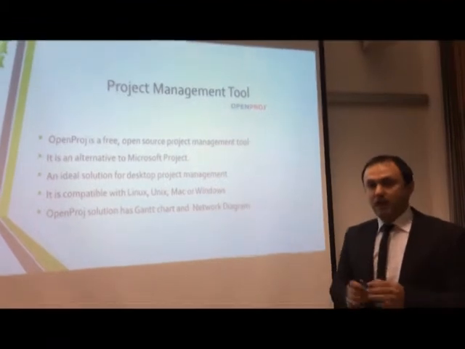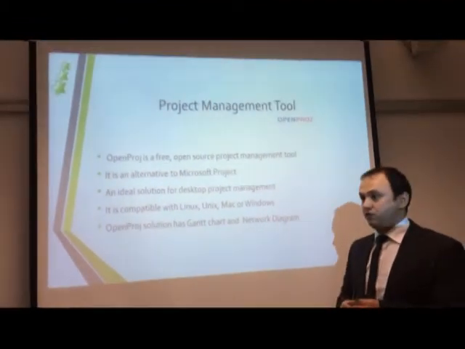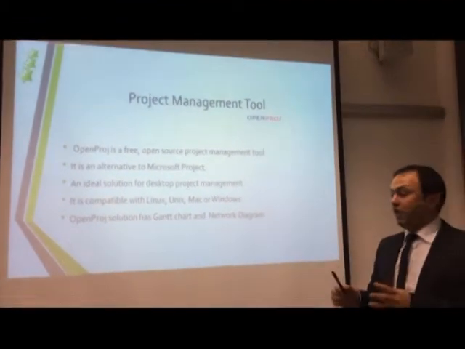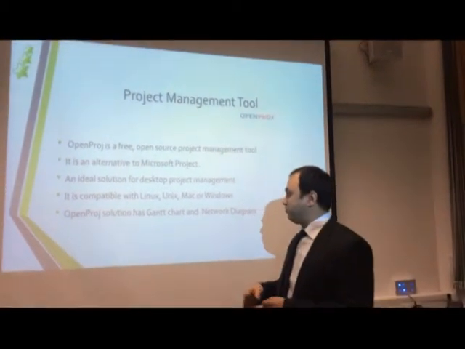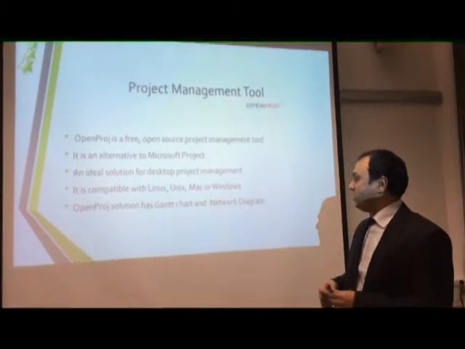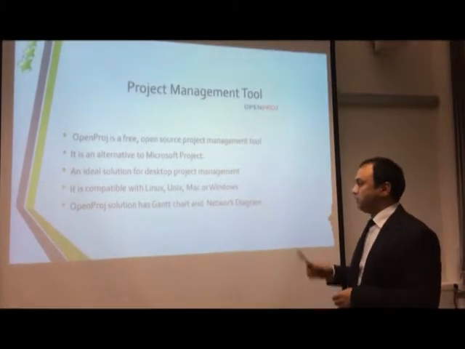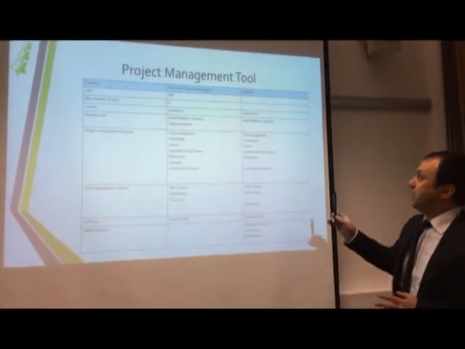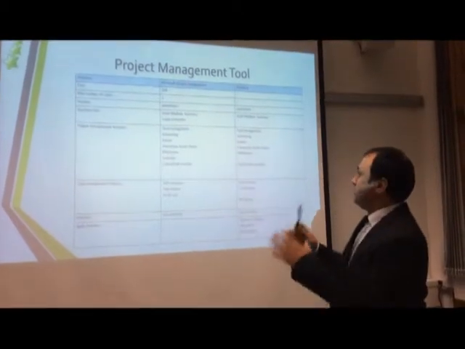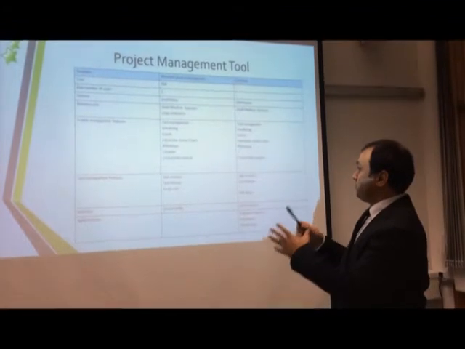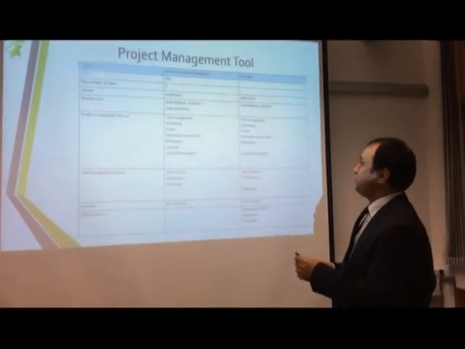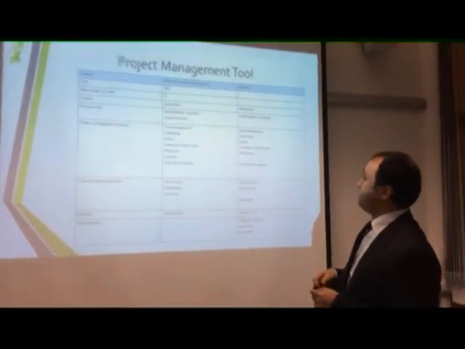OpenProject has a lot of features expected from other project management tools, such as Gantt chart and network diagram. As we can see from this slide, there is a comparison table that is going to justify our choice of OpenProject.